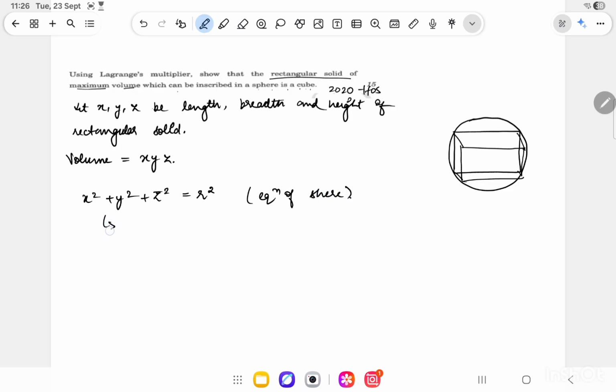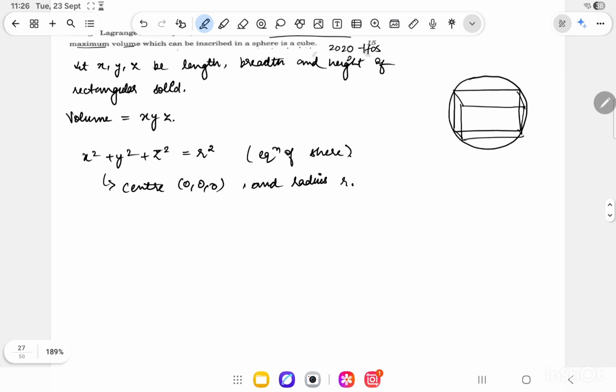So it is a sphere with center 0, 0, 0 and radius r. These are the information that are given to us. Now we are supposed to maximize this volume provided the solid is inscribed inside the sphere given by this equation.